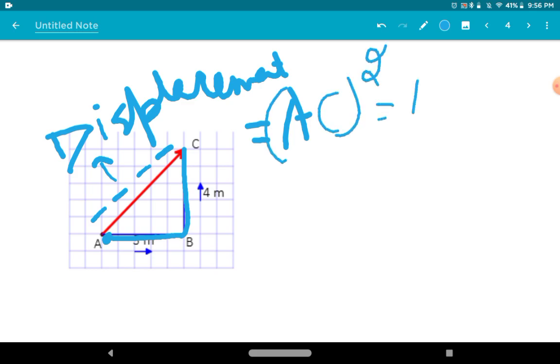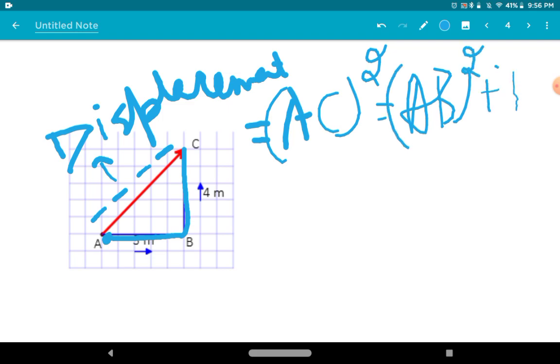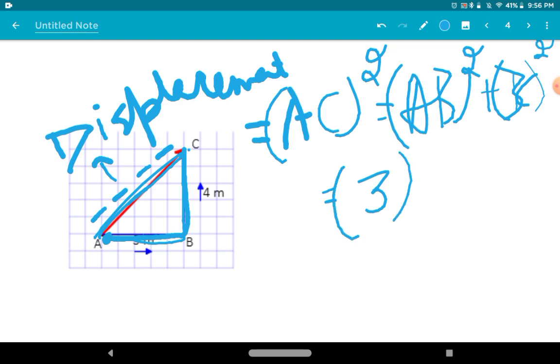The formula is AC square is equal to AB square plus BC square. We have to find this AC square. This is ABC, but we have to find AC. So AB is 3 and BC is 4.